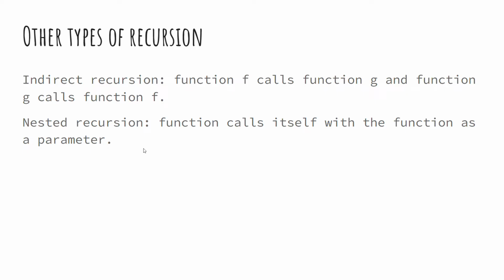The second example is that a function calls itself with a function as a parameter. So the function is an argument for the recursive function when it goes through the recursive case.